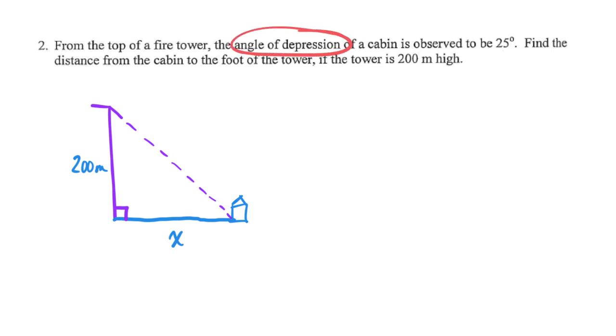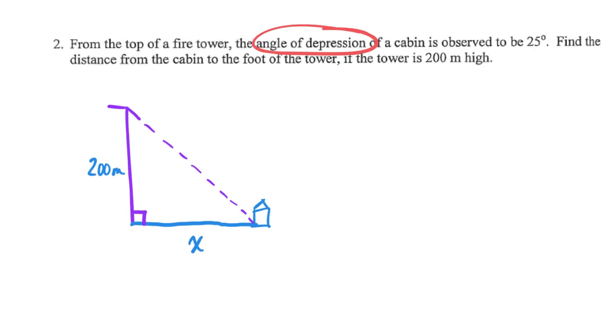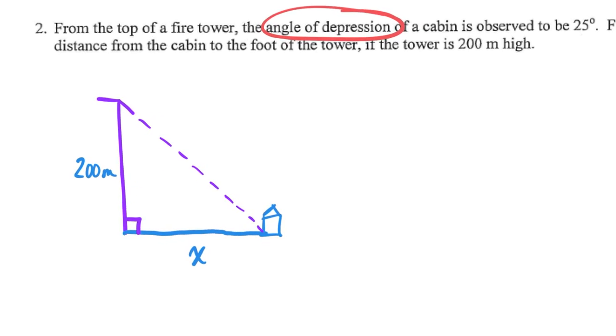And this is why I asked you to draw the diagram and then stop there. I would bet, like a lot, that if I were to see your page right now, I would have many, many, many of you with 25 degrees right there. And I need you to understand that that red is incorrect.